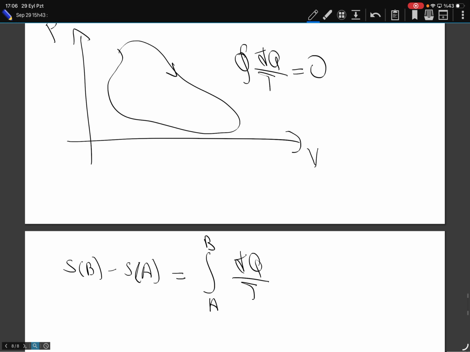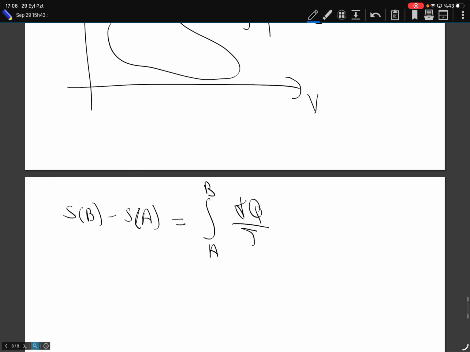I have an integral dq by T from A to B. That integral depends only on the endpoints because the loop integral is 0. And hence, I can always write that function as the difference of two values at the endpoints. Now, why is this so?